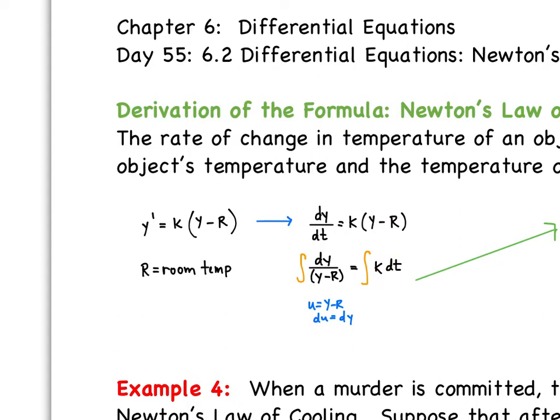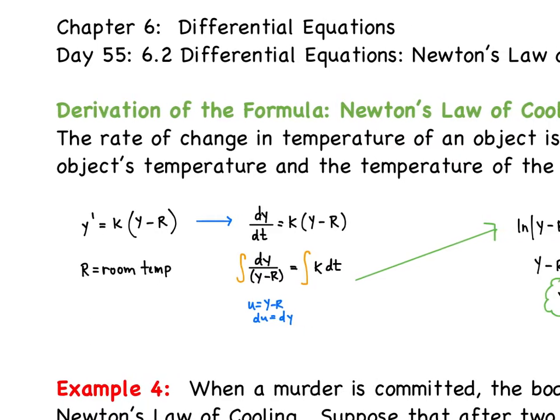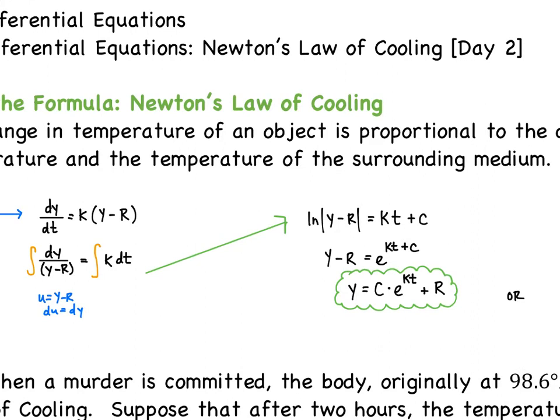All right, so multiply both sides by dt, divide by y minus r. We can do our u substitution when we're ready to integrate it, and what we will then get is ln of the absolute value of y minus r equals kt plus c. So getting y, undoing this, we need to rewrite it in exponential form.